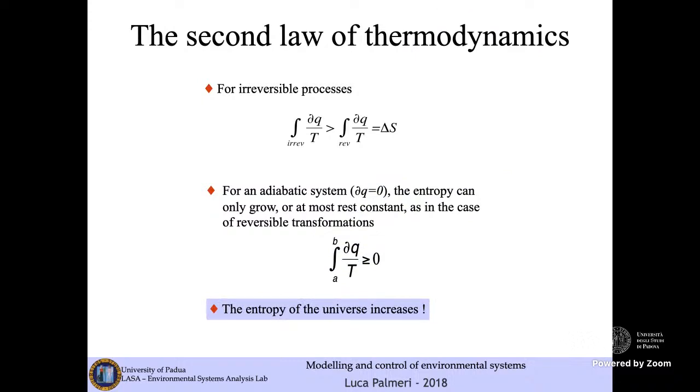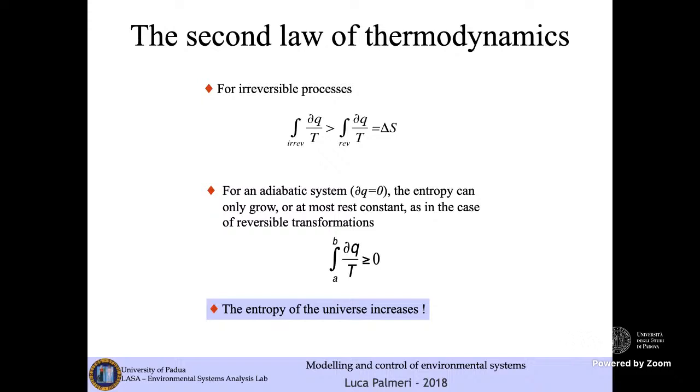As a consequence, if you accept that the universe as a whole is by definition an adiabatic system, because the universe contains everything, so there is nothing else with which the universe can exchange, the Q for the universe is always zero.